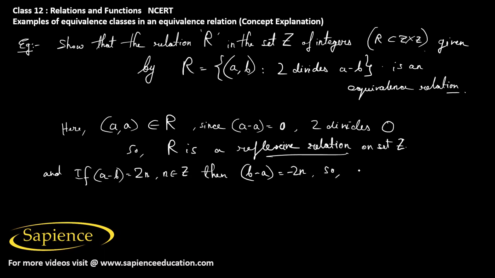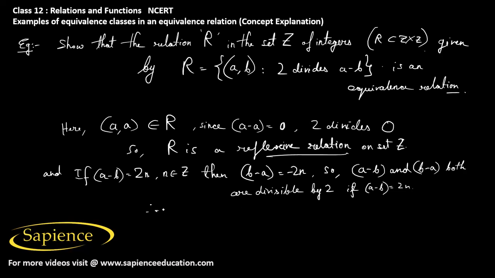So a minus b and b minus a both are divisible by 2. So if (a, b) belongs to the relation R, then this also implies that (b, a) belongs to the relation R.